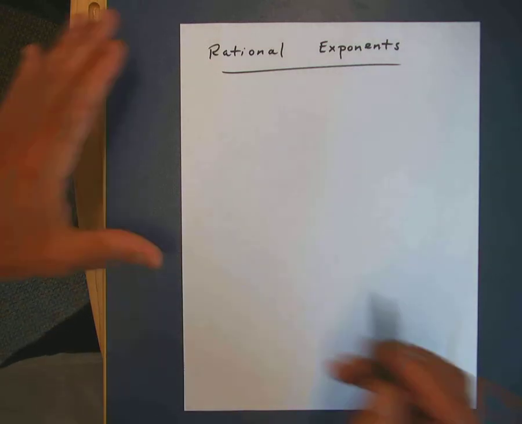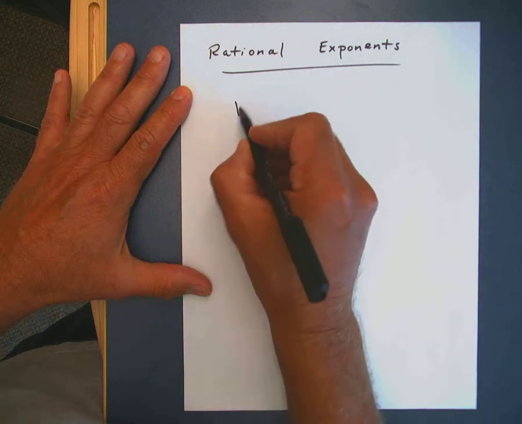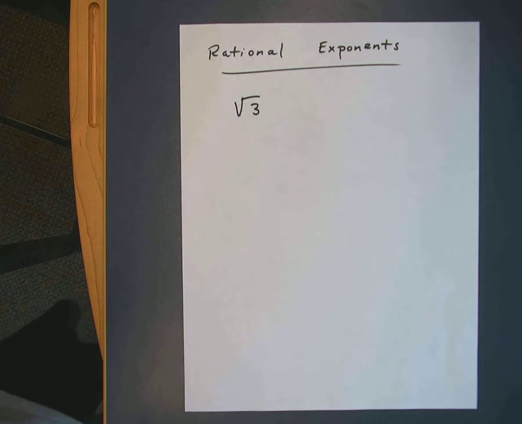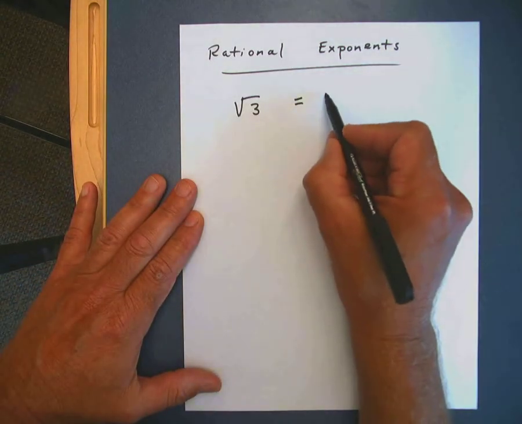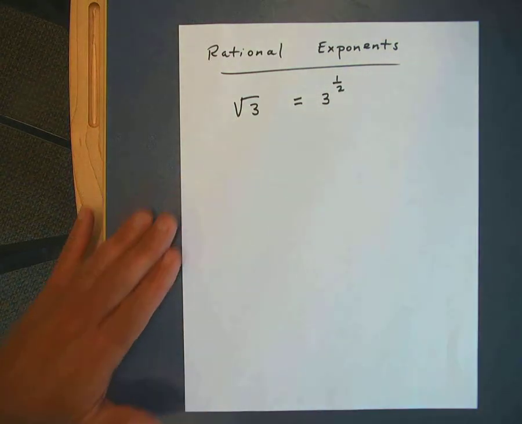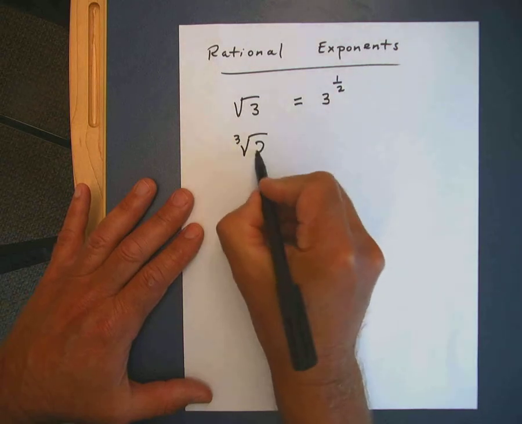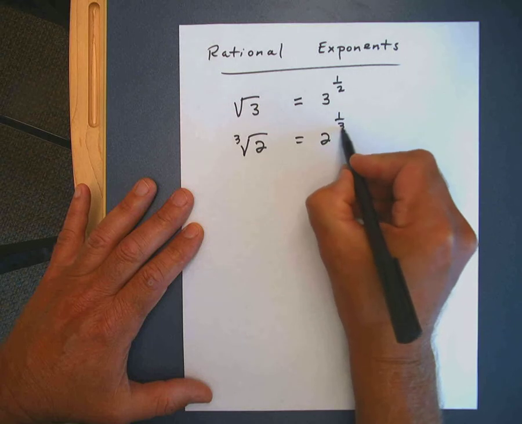Just to look at a definition or an example, if we have the square root of 3, for example, we could rewrite it as a rational exponent as 3 to the 1/2 power. The cube root of 2 we could write as 2 to the 1/3 power.